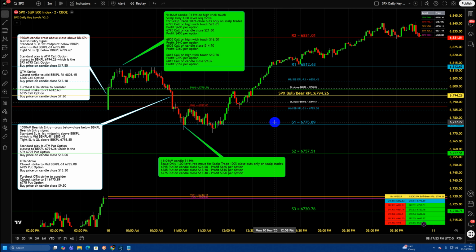The indicator works on the TradingView platform only, and on two different SPX trading symbols. One is the SPX CBOE symbol: you put SPX into your symbol search, and look under the one for the CBOE exchange.